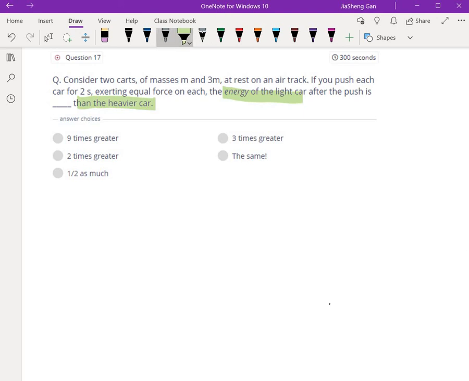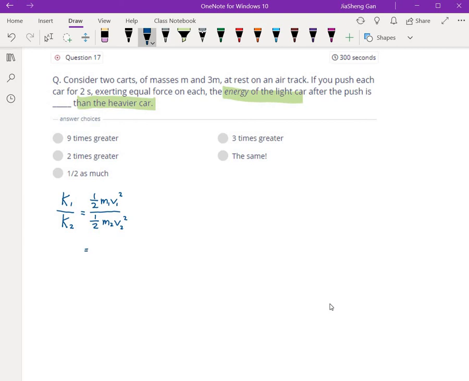So now I believe this energy here is the kinetic energy. So we can say that K of case 1 divided by K of case 2 will be half m1 v1 square over half m2 v2 square.